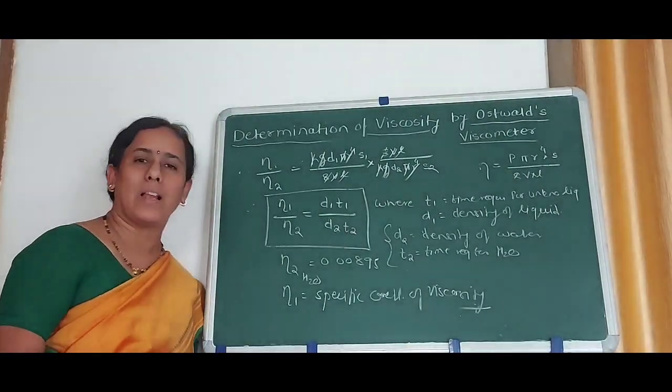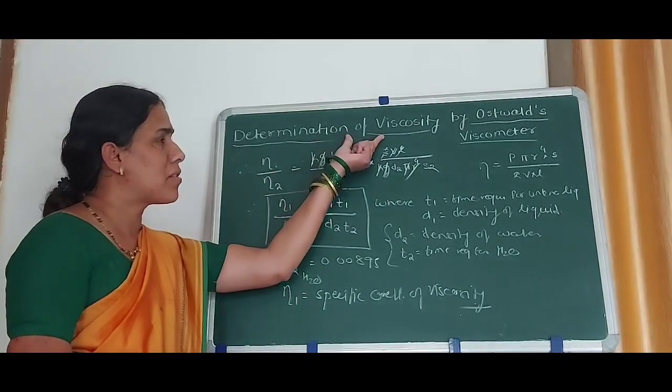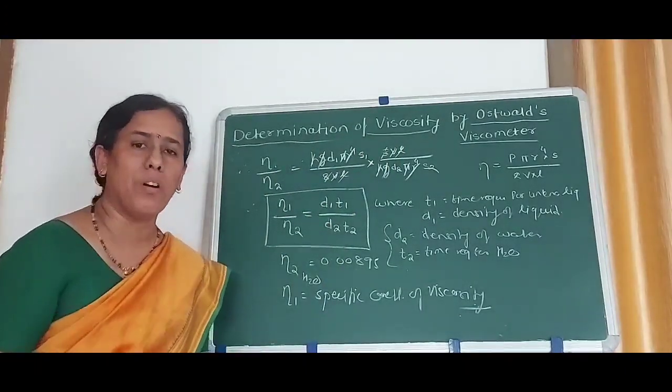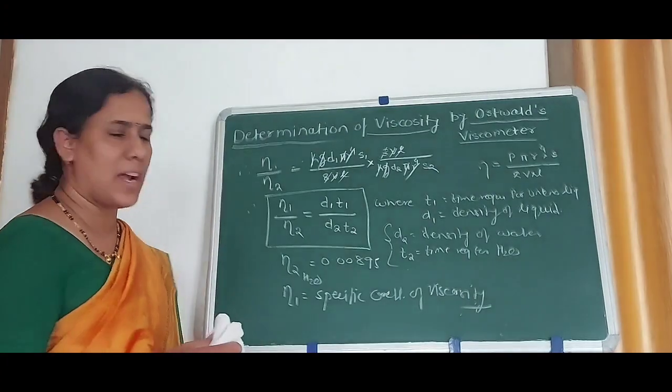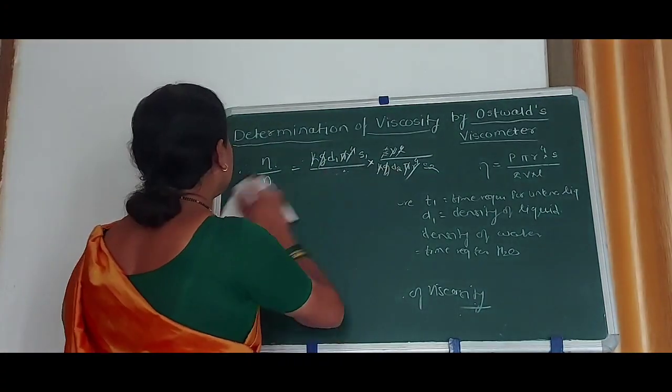Thus, we have calculated the viscosity of an unknown liquid by means of Oswald's viscometer. Now, what are its advantages here?